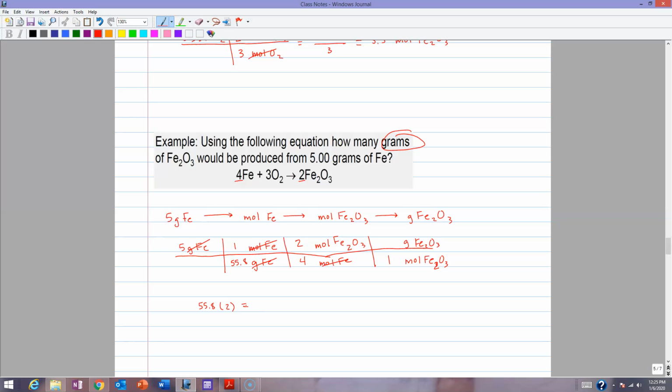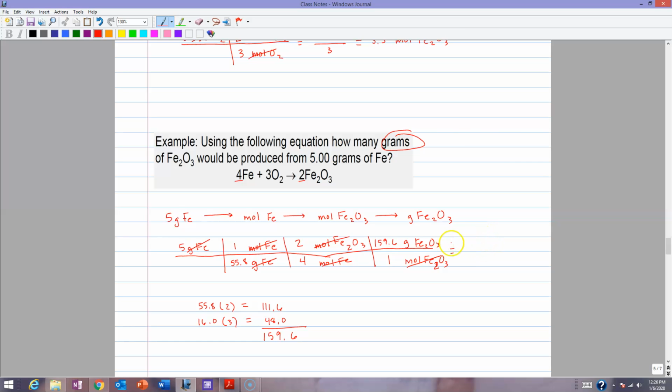So that's going to give me 111.6. And oxygen is 16.0, and I have 3. That's going to give me 48. So this is going to be 159.6. And my moles of iron 3 oxide cancels out and I'm left with grams.